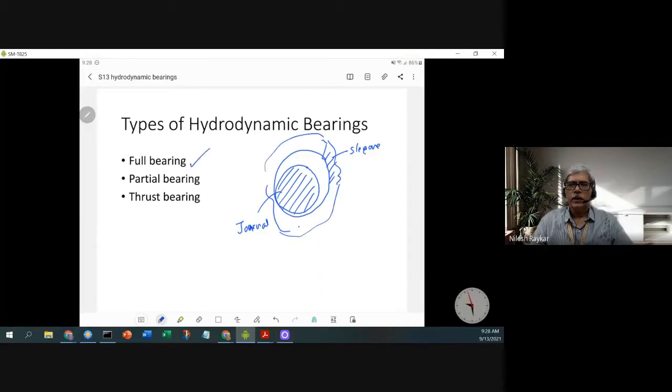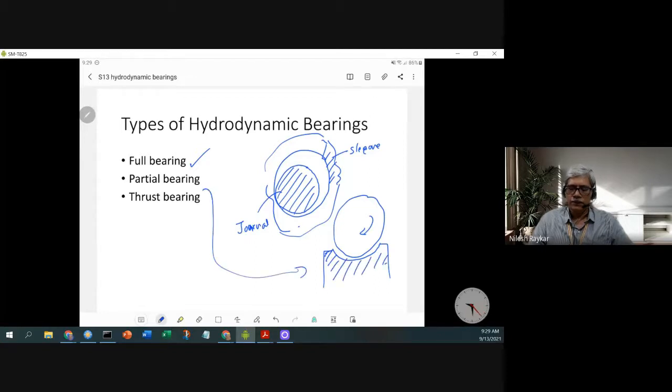The full bearing will have the maximum load carrying capacity. The partial bearing is where the sleeve is of partial size. So you have the journal which is rotating, and the sleeve will not cover the entire circumference of the bearing. So these are the partial bearings.